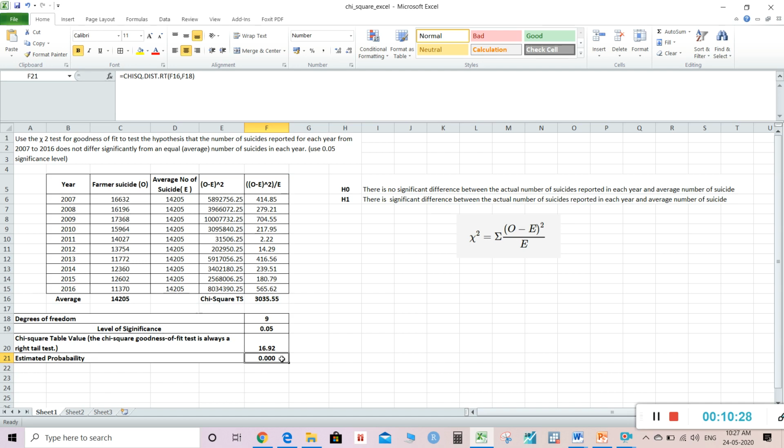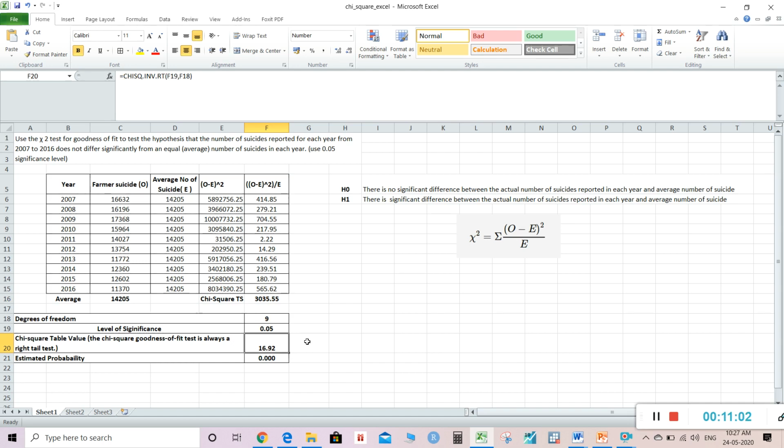Anyway, let me tell you about the first major way of making a decision about the null and alternative hypothesis, that is, whether to reject the null hypothesis or accept it. One way is based on the test statistic and the chi-square critical value, right?